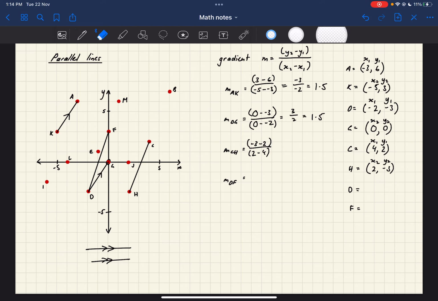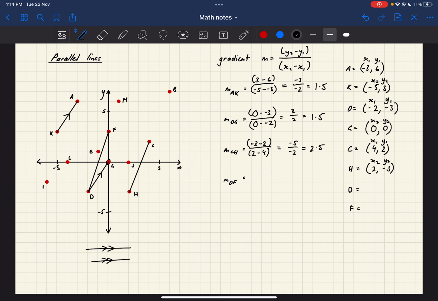That's right. And that gives us negative 5 over negative 2, which gives us a gradient of 2.5.